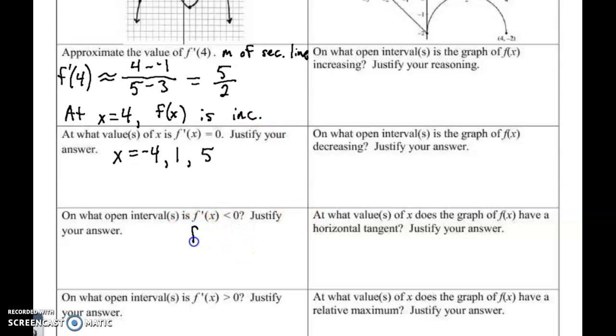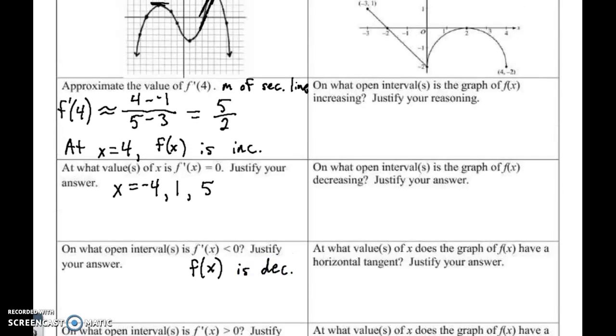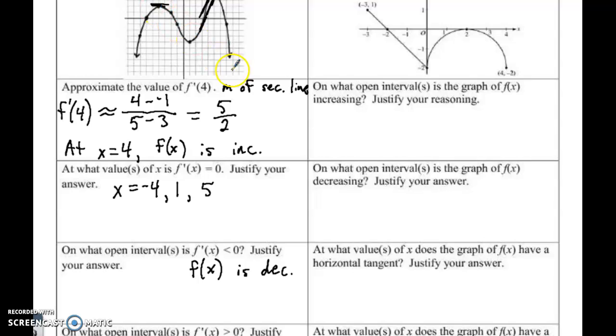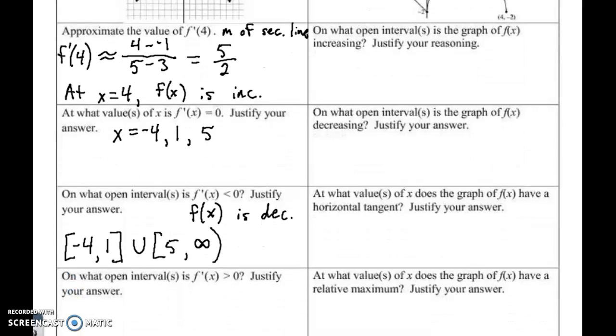Well, because they give you the function, you better say f of x is decreasing. So where is that happening? Well, between -4 and 1. Now, just a reminder, I like brackets, so I'm going to use brackets. And then from 5 to infinity, and a parenthesis with infinity. But there's my justification, that f of x is decreasing.